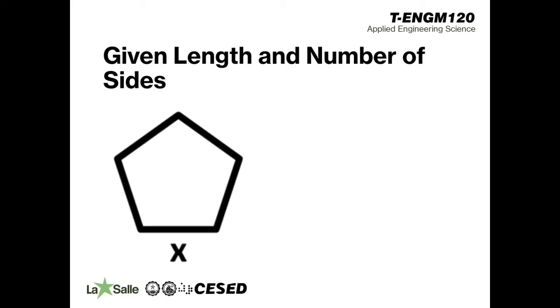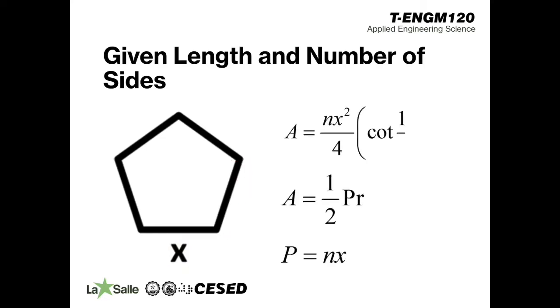We can calculate that using the formula A equals n x squared over 4 cotangent of 180 over n. Here, A is the area, n is the number of sides, and x is the length.